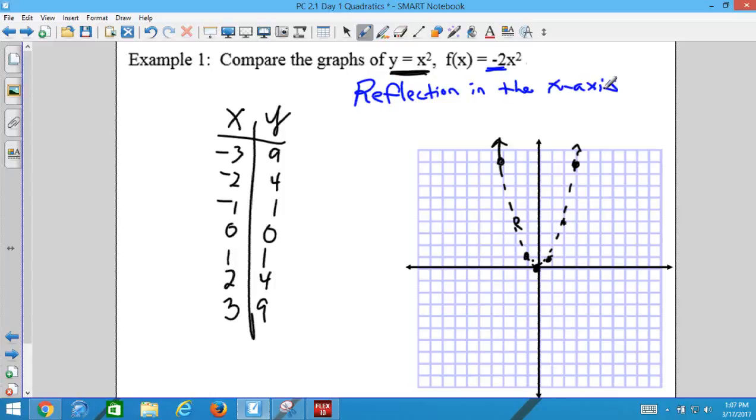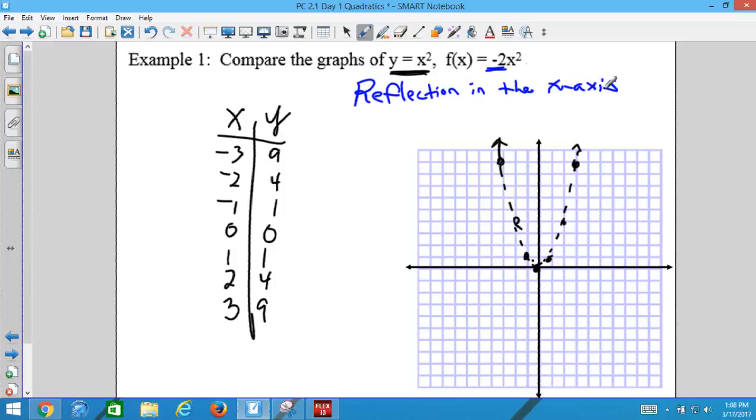It means it reflects over the x-axis, but the terminology used is reflect in the x-axis. That's the terminology that is used. So when you go to college and you write the word over, and they say I didn't teach you the right thing, that's not going to happen. It's reflection in the.